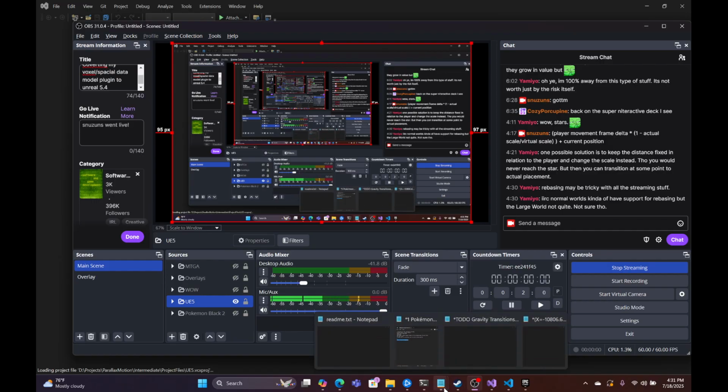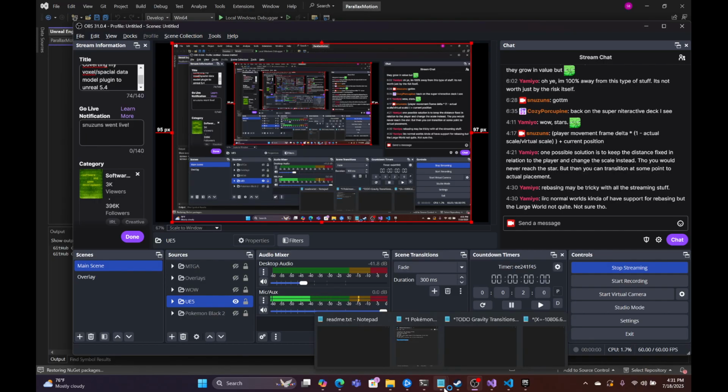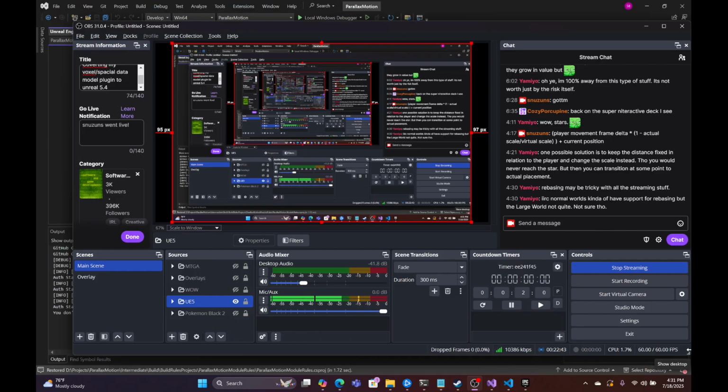So the rebasing, because pretty much all of my data models are my own stuff, I think we can manage it. The idea is that all our coordinate systems except for the lowest level one are virtual.